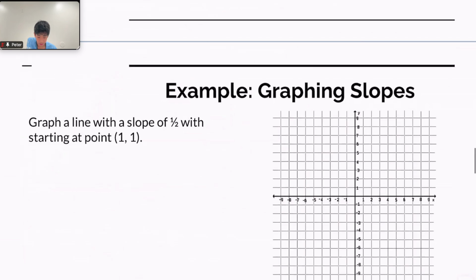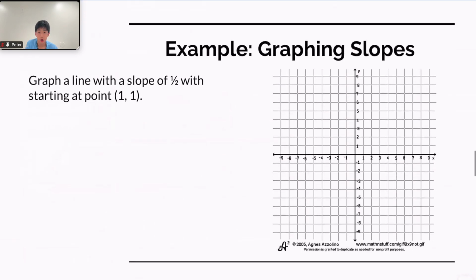Let's take a look at graphing slopes. Graph a line with a slope of 1/2 with the starting point 1, 1. Don't panic. We're going to find the starting point first, which is 1, 1. Then the slope is given, it's 1/2.